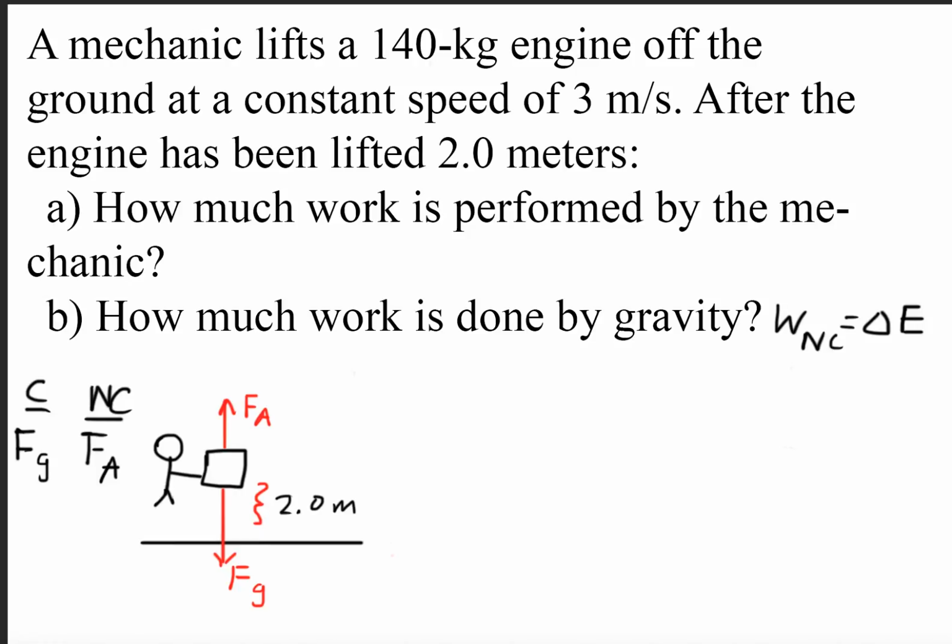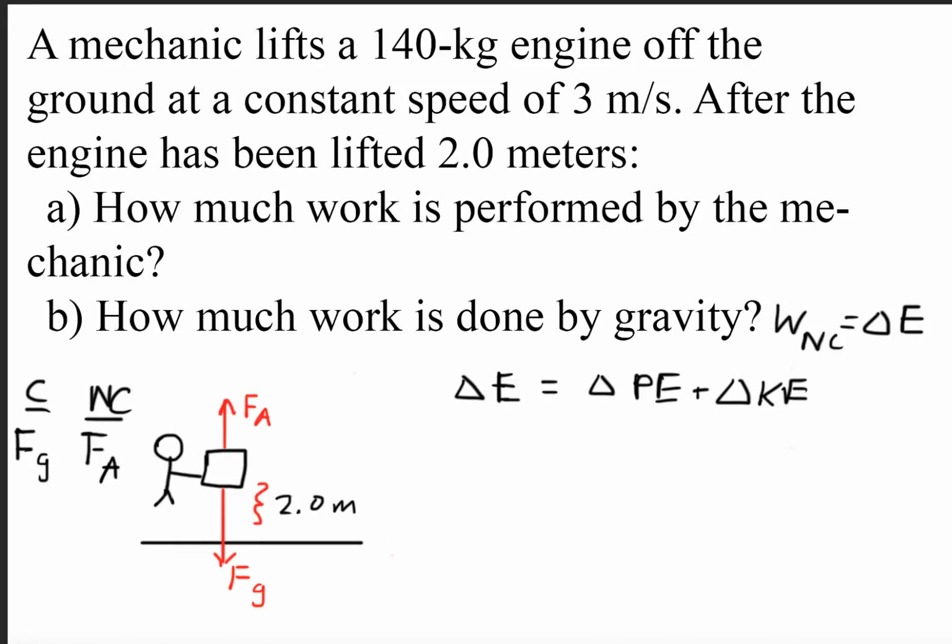So what we're going to do is utilize this work energy theorem equation right here. Now, delta E is short for mechanical energy, and delta E is our change in potential energy plus the change in our kinetic energy.